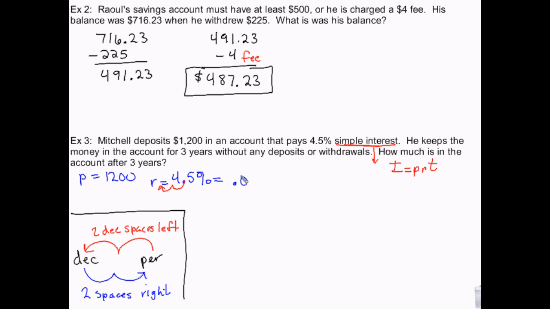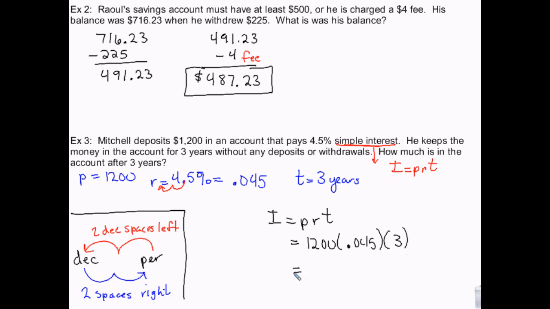And I get 0.045. And then my time is 3 years. So my interest is going to be 1,200 times 0.045 times 3. $162 will be earned.